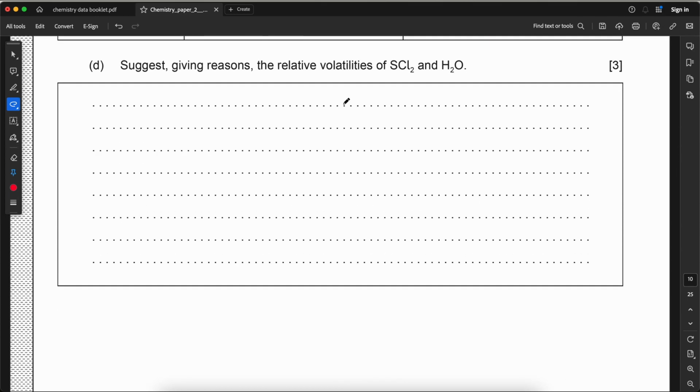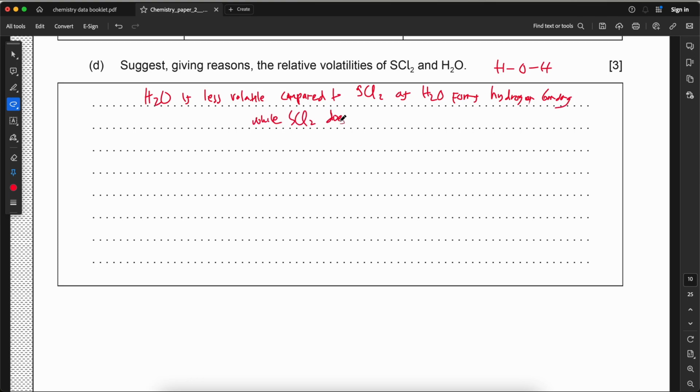Suggest, giving a reason, the relative volatilities of SCl2 and H2O. H2O is less volatile because it has hydrogen bonding compared to SCl2, as H2O forms hydrogen bonding while SCl2 doesn't.